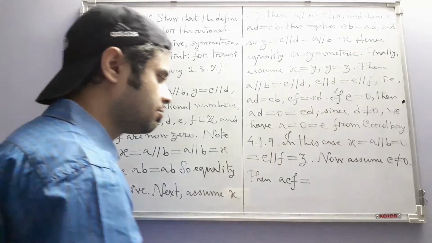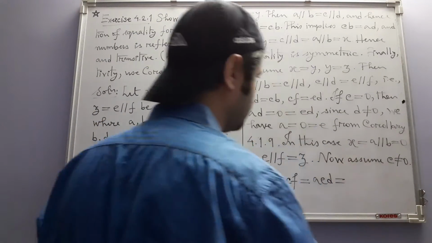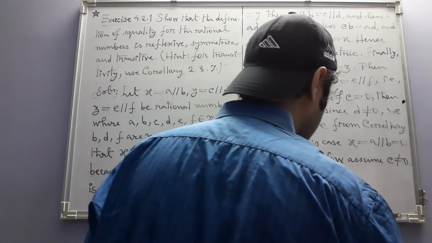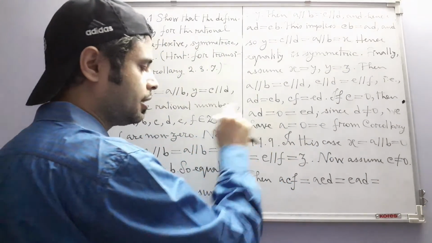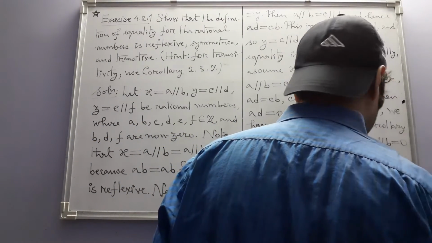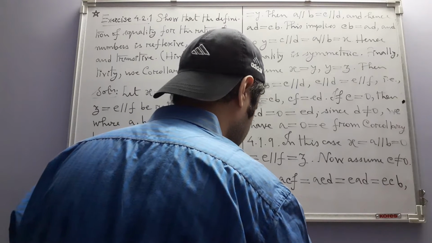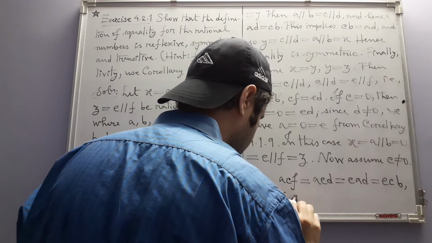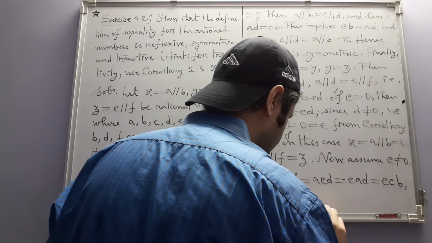From the second equation we have aed, because in place of cf we can write ed. Now this can be written as e times ad, and in place of ad now we can write cb, so ecb, or c times af is equal to c times eb.